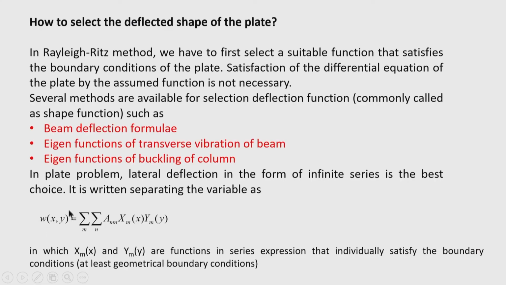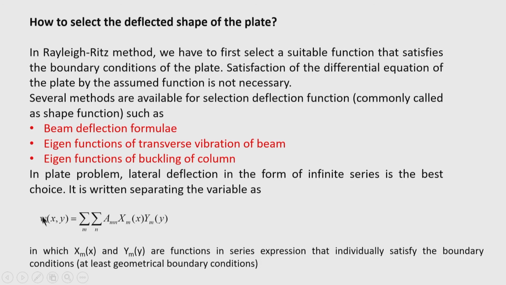So, what is seen here is that the deflection function w(x, y) can be written by separating the variables, where capital X m is a function of x, capital Y n is a function of y, and a m n is the constant associated with the product of these two functions.